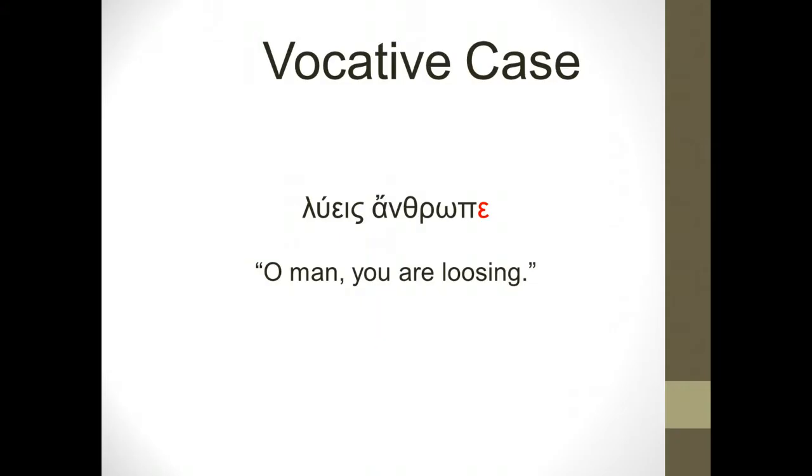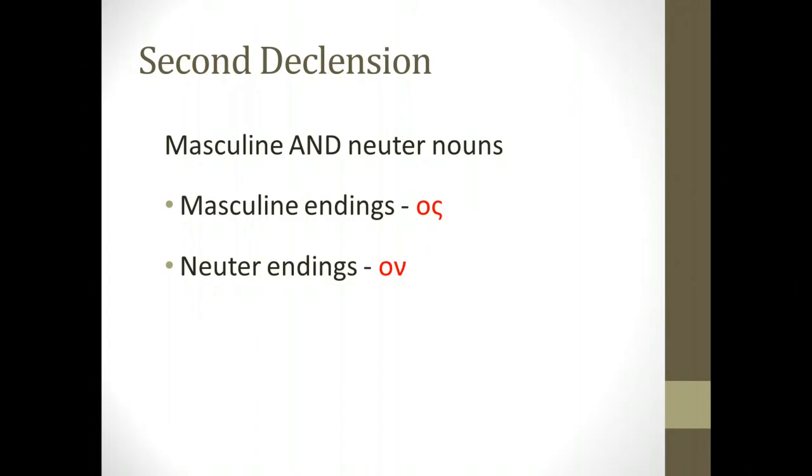Okay, with that in mind, let's begin looking at just a few more things. You are dealing with the second declension here in Chapter 2. Second declension nouns, just as a reminder, are mostly masculine and neuter nouns, and you know that they're masculine or neuter by the way that they end.